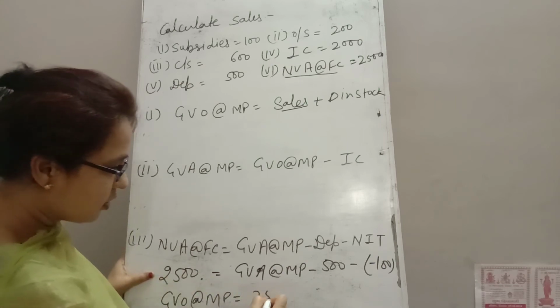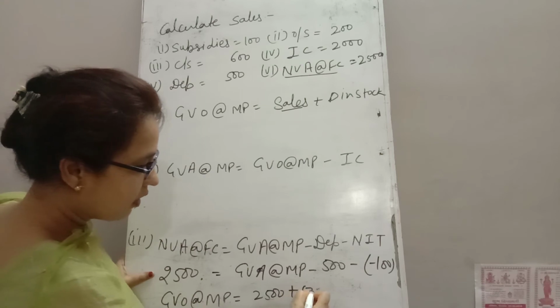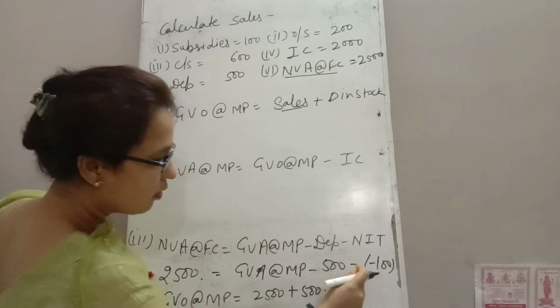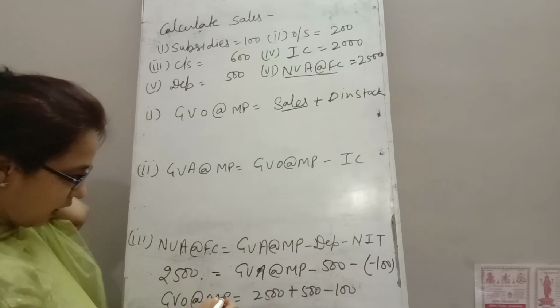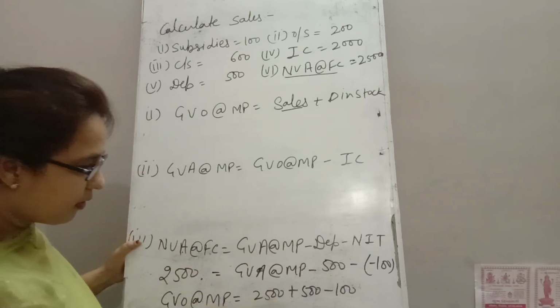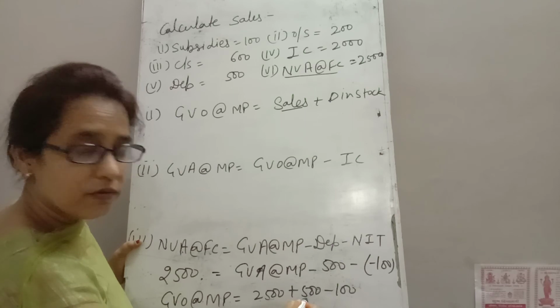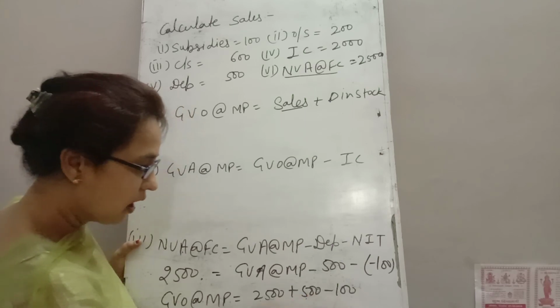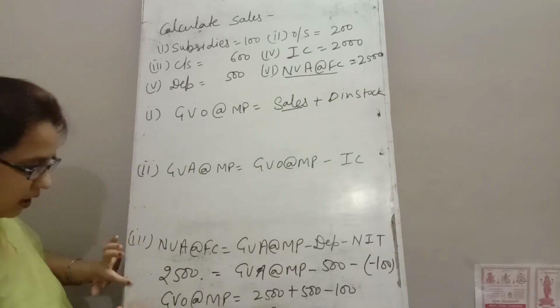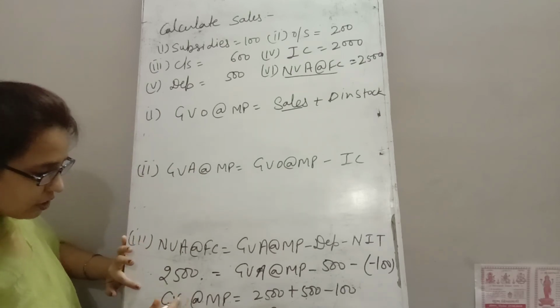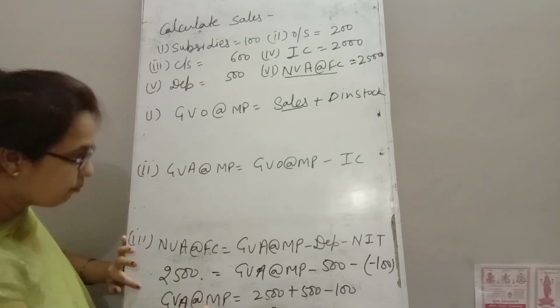That is 2500 plus 500 minus 100. Because plus and minus gives minus, if you calculate, that will be 2500 plus 500, 3000 minus 100, that is 2900. Clear? We have calculated GVA at MP.